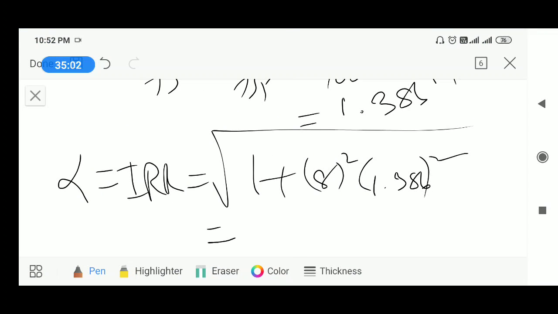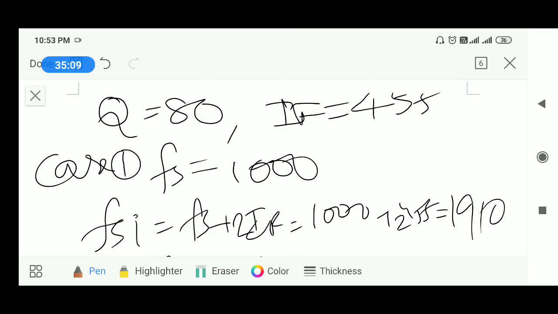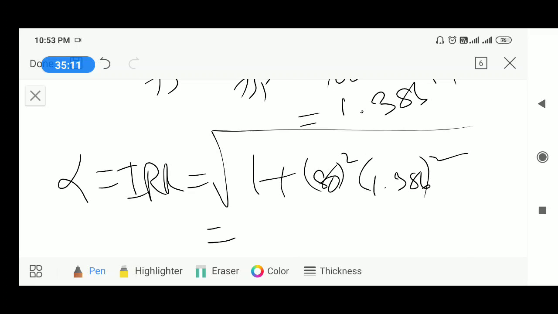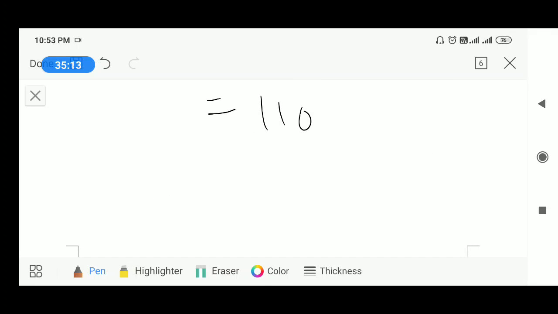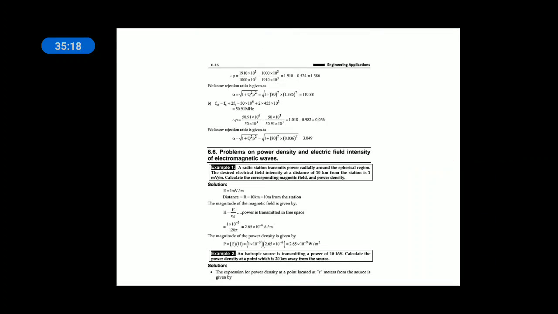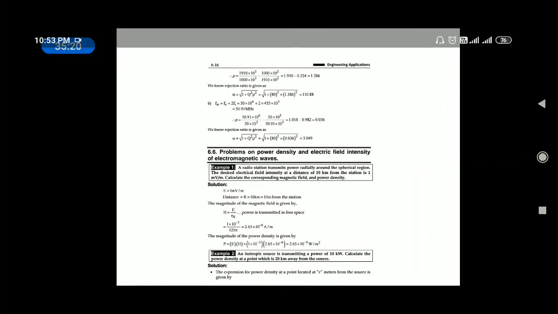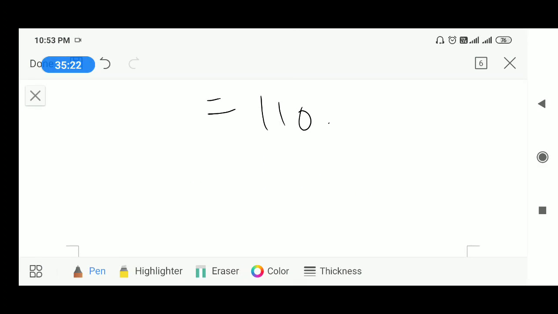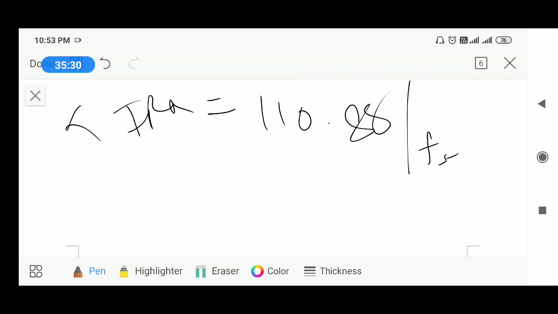It's not 8 square, it is 80 square, since Q is given as 80. Its value is 110.88. This is the image frequency rejection ratio alpha for Fs equal to 1000 kHz.